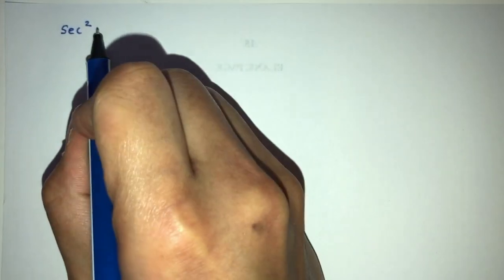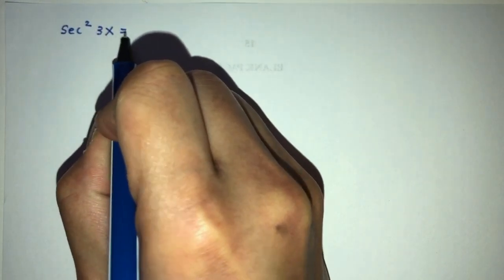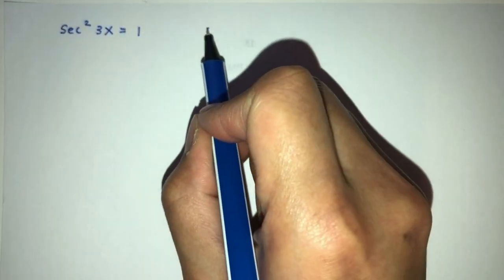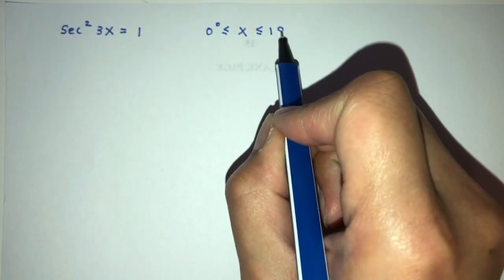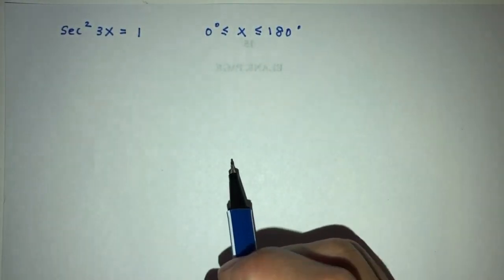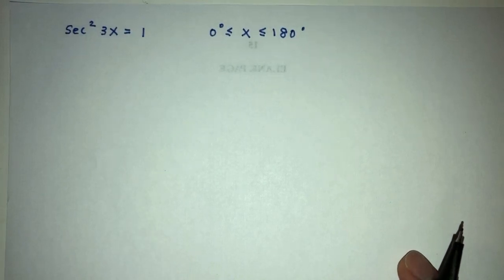Okay, so let me write this down on this paper. The question is, we have sec square 3x equal to 1 for x between 0 and 180 degrees. Let's solve this equation to see how many values of x we have.